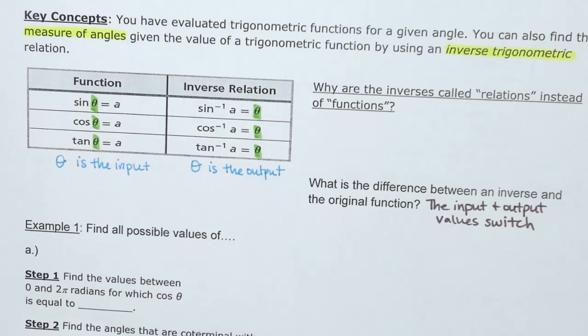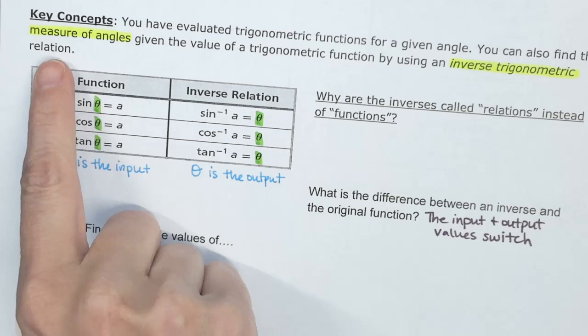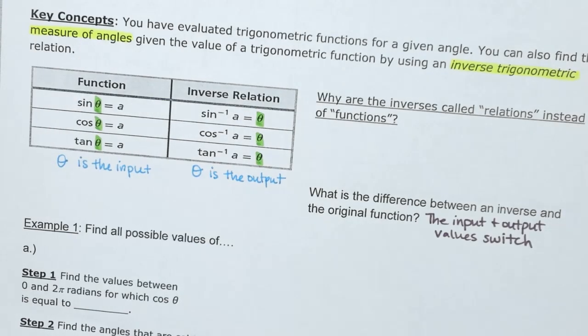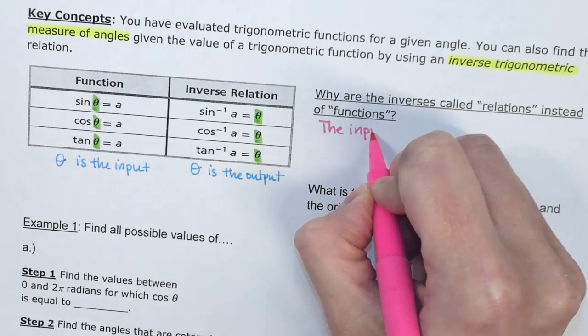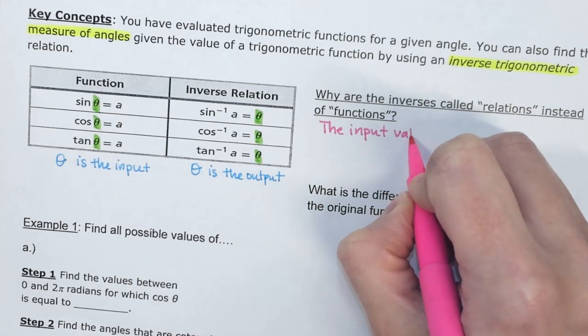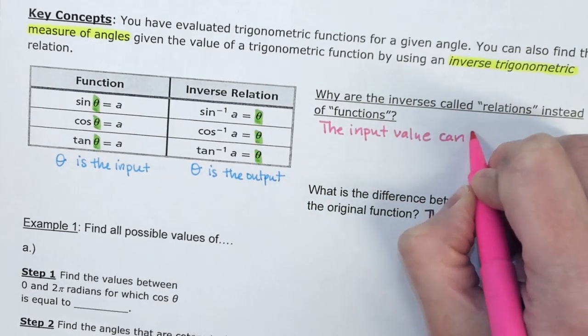Okay? So for this first part, it's called the inverse relation instead of a function. And that's because functions are defined as for every input, there's exactly one output. But on the unit circle, you can have more than one output. So that's why it is not a function.